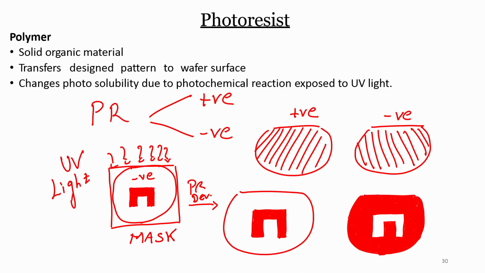Yeah, you see. So, if I use negative photoresist, sorry, and I use this mask, then I obtain this kind of pattern, and this pattern means that the area which was exposed gets stronger and the area which was not exposed gets weaker.